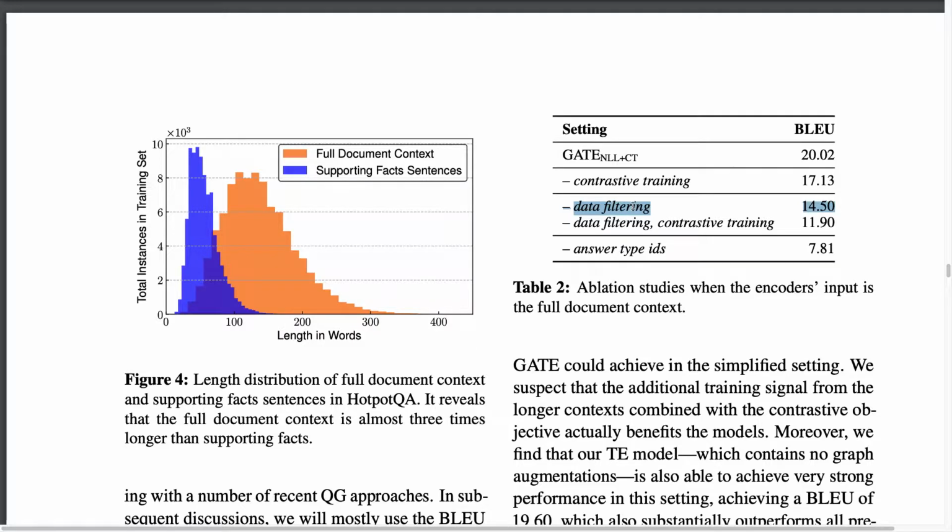Basically, they are filtering any pairs of articles and answers where the answers are longer than 30 words. It seems that answers that are longer than 30 words are particularly easy to generate questions about, so filtering those out seems to result in a stronger question generation model. And finally, their special approach to encoding the answer different from the input articles seems to be also pretty effective.